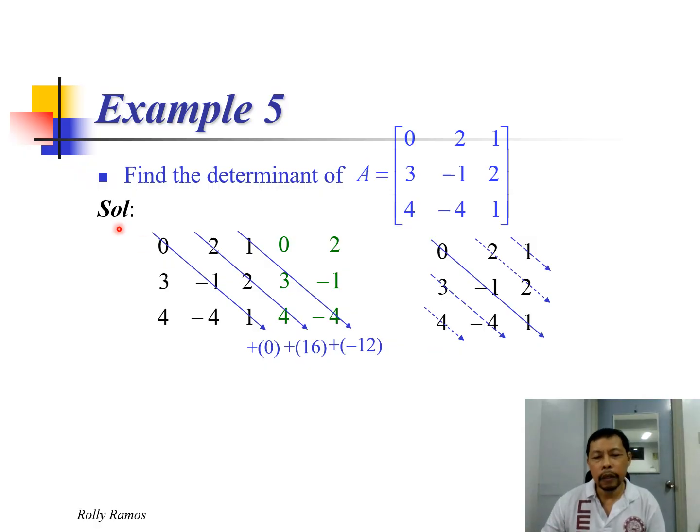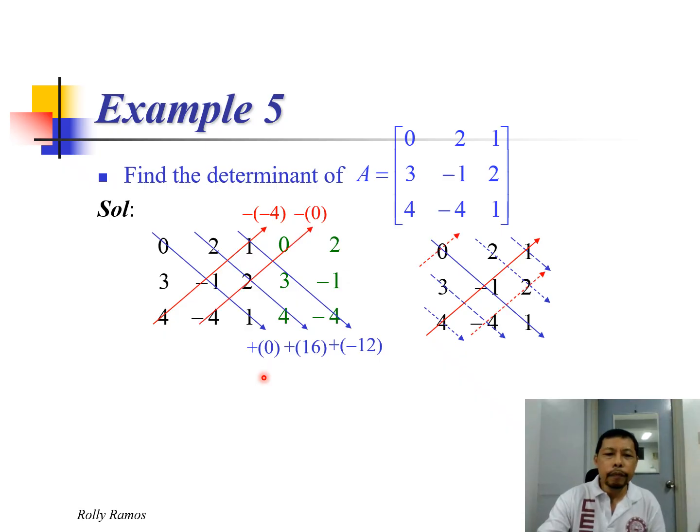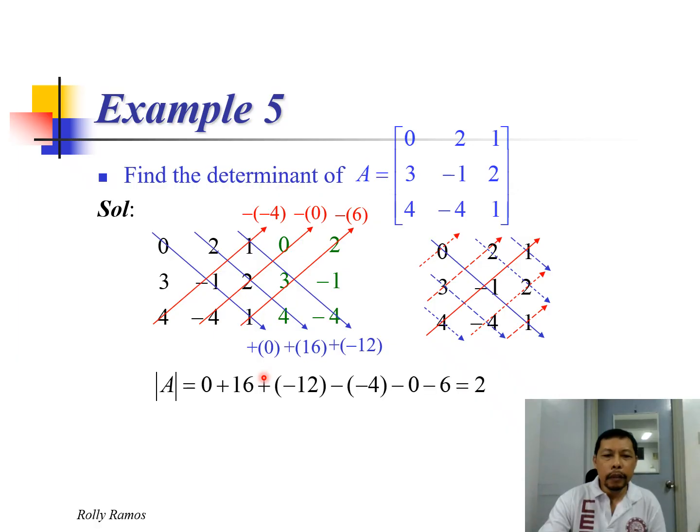Those going downwards to the right are taken positive, and those going upwards to the right are taken negative. Adding those products will give us the determinant of this matrix equal to 2. So that is how we use the shortcut method.